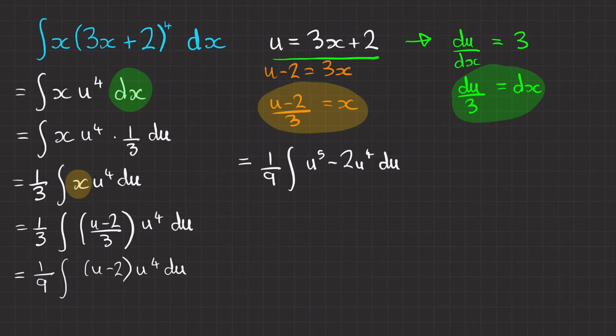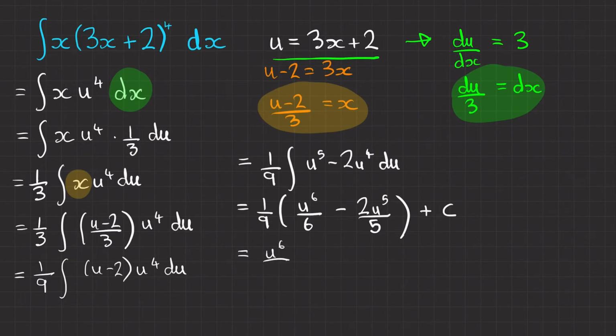We can integrate this now, so we'll have a ninth lots of u to the 6 over 6 minus 2u to the 5 over 5 plus c. I'm going to multiply that ninth through now, so we'll have equals u to the 6 over 54 minus 2u to the 5 over 45 plus c.